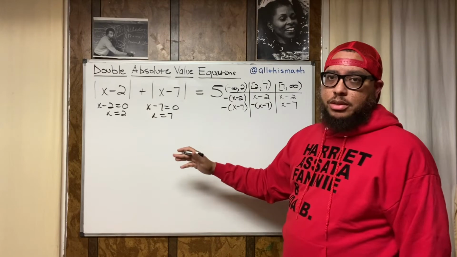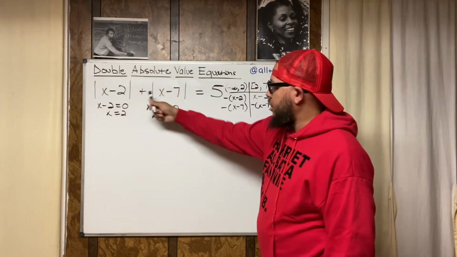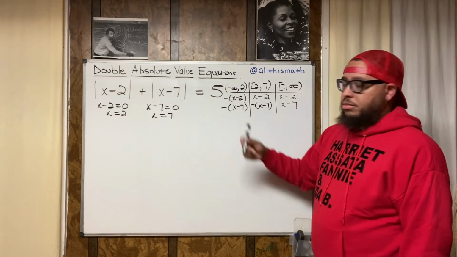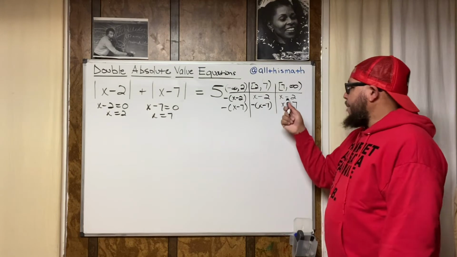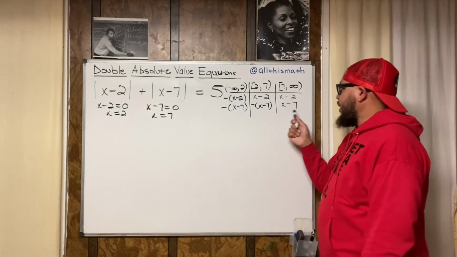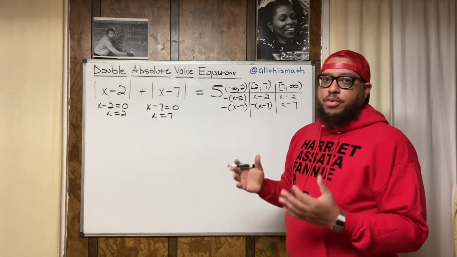That's my first equation. My next equation is x minus 2 plus the negative quantity of x minus 7 is equal to 5. That's my second equation. My third equation is x minus 2 plus x minus 7 is equal to 5.